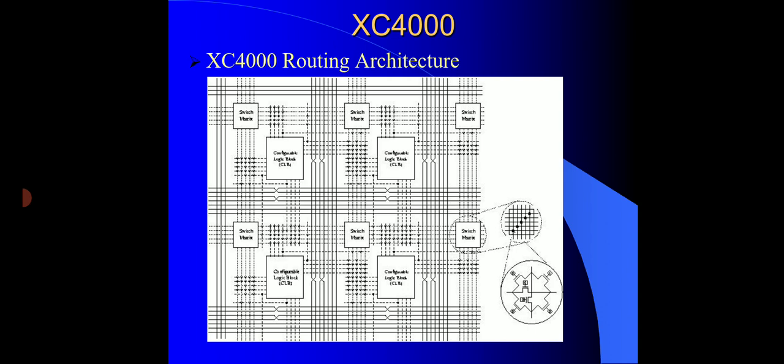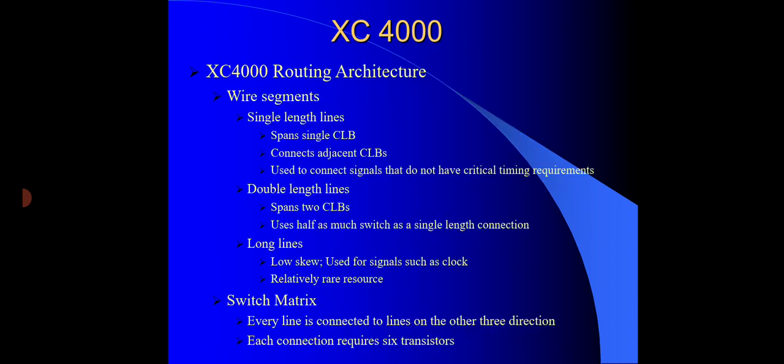These wires are connected to each other to connect to the CLB blocks, and finally they are connected to the IO blocks. The XC4000 routing architecture contains wire segments, which consist of single length lines and double length lines.